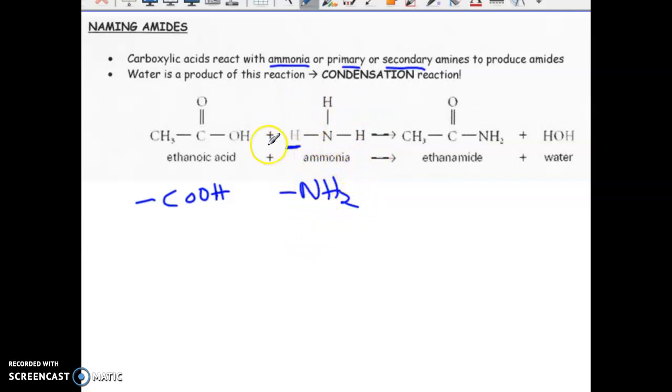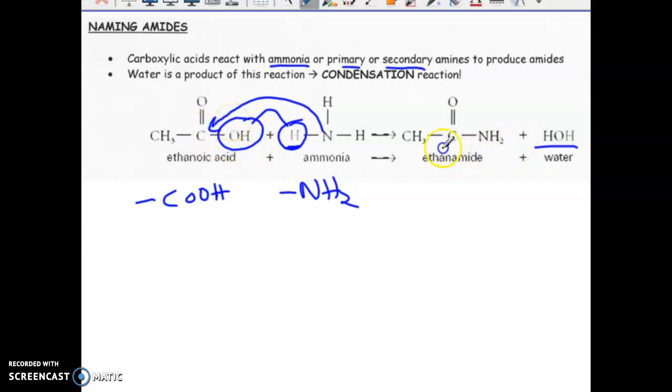So what ends up happening? The OH from the carboxylic acid and one of the hydrogens on that nitrogen come together to make water. And the nitrogen group will link up to the carbon on the section where you had your OH group from the carboxylic acid.